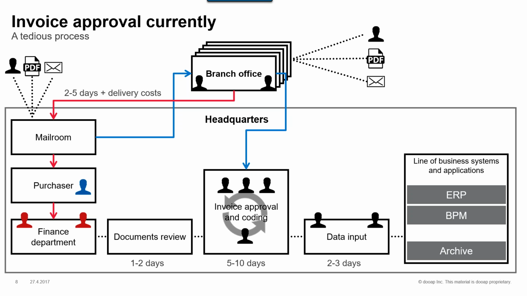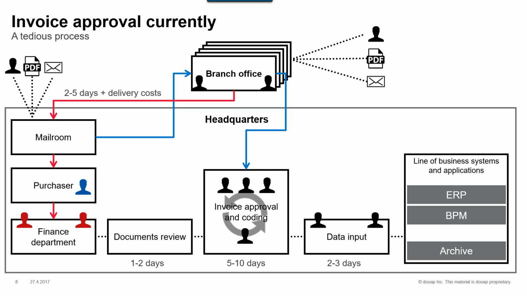If the AP process starts at the branch office, it might take up to 5 days for the invoice to reach the headquarters. Then the invoice goes through several people and time-consuming phases before it finally is approved and put into the business application and archived. So the whole invoice approval process can take days and days.